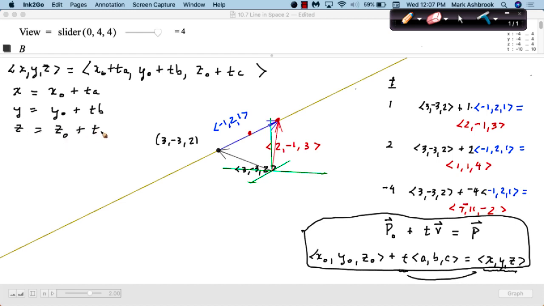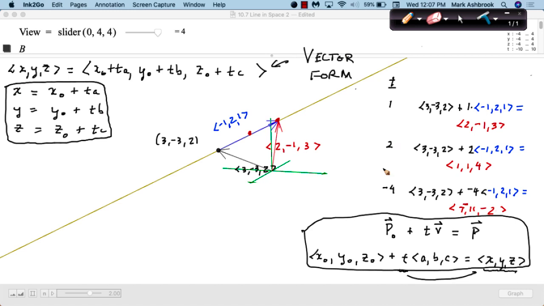So here's a different way. This set of equations is totally equivalent to this vector equation. So this is the vector form of a line. Oh, no, sorry, not that. This down here.